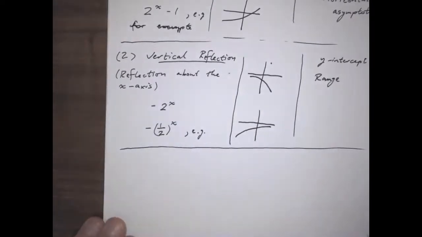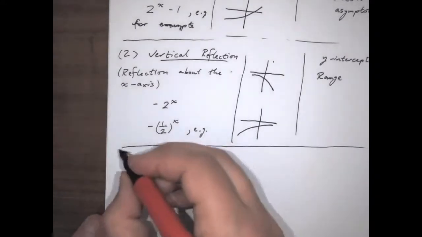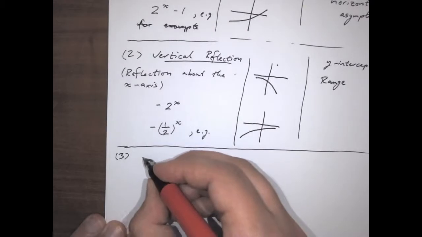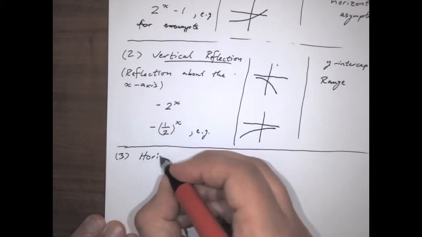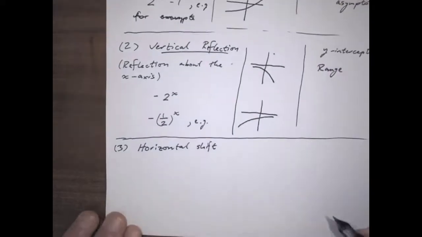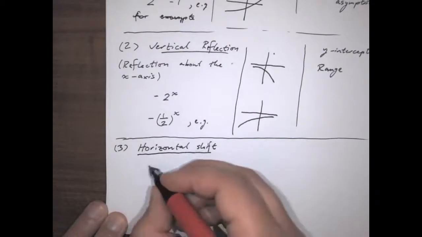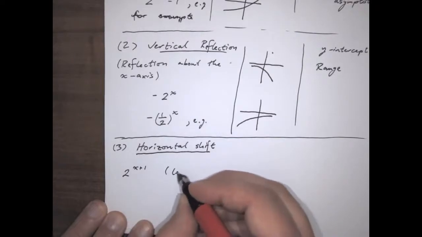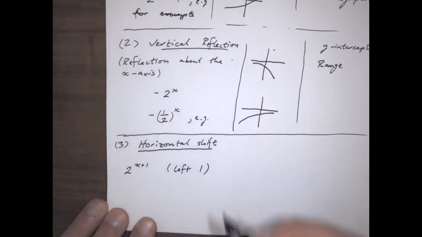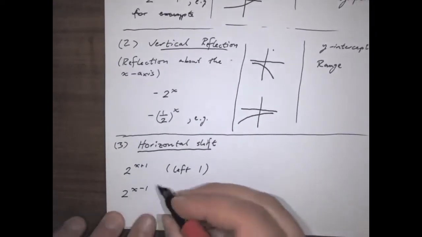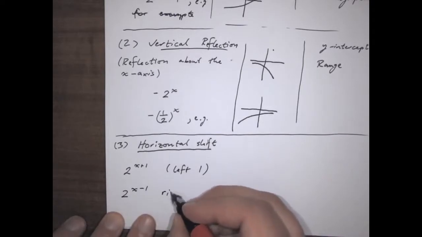And then the third major kind of transformations we can talk about are of the horizontal variety. And for horizontal ones, so 3, we can talk about a horizontal shift. That would be something like 2 to the x plus 1, which means it went left 1, or 2 to the x minus 1, which means it goes right 1.